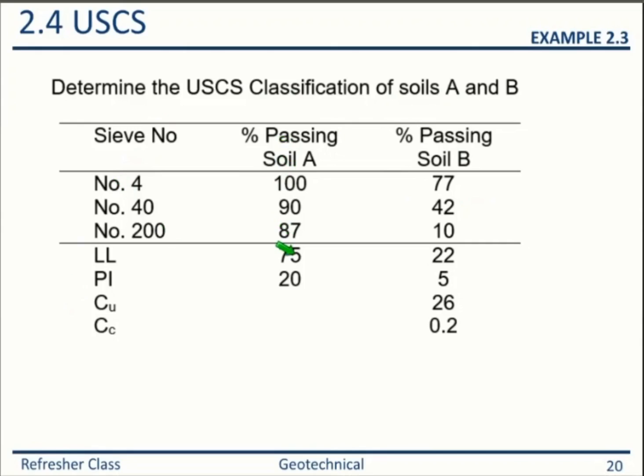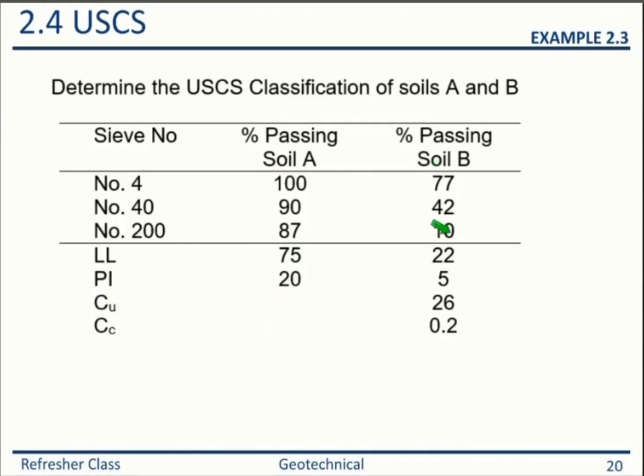Also given here are the liquid limit and PI, not the plastic limit, but the plasticity index itself. You don't have to calculate PI, PI is given. And coefficient of uniformity and coefficient of curvature for soil sample A are not given, they are not needed, but for soil sample B, they are given.